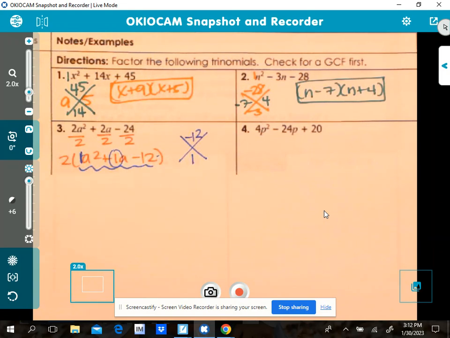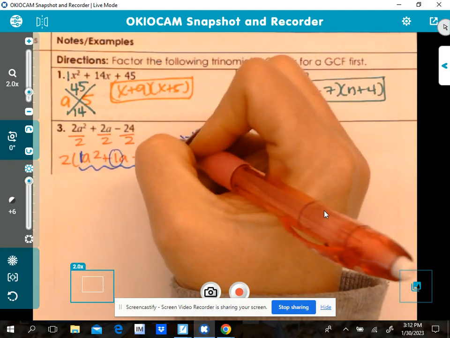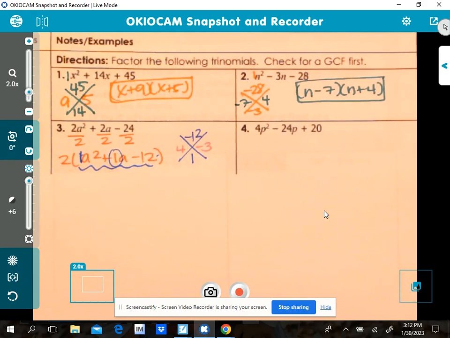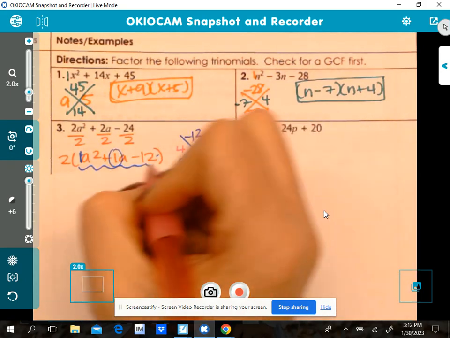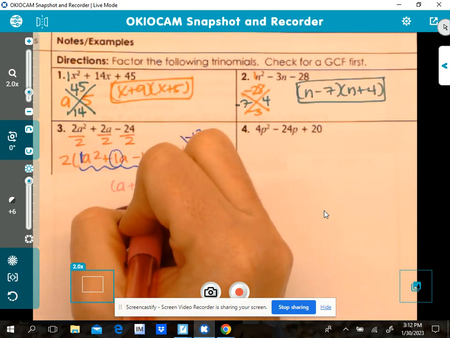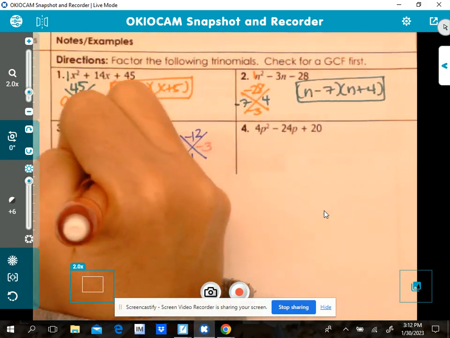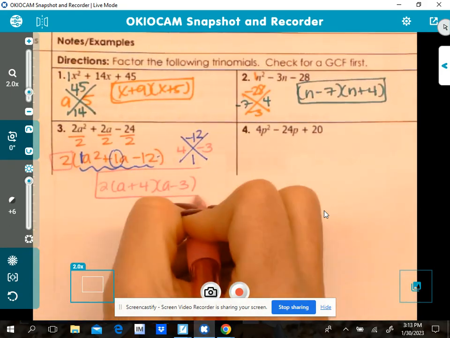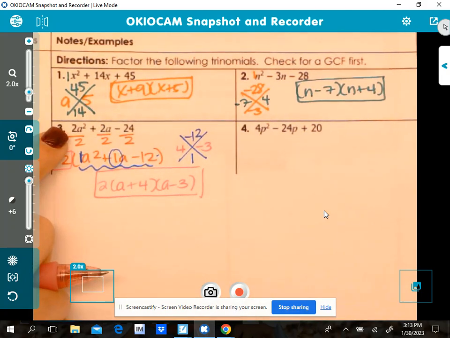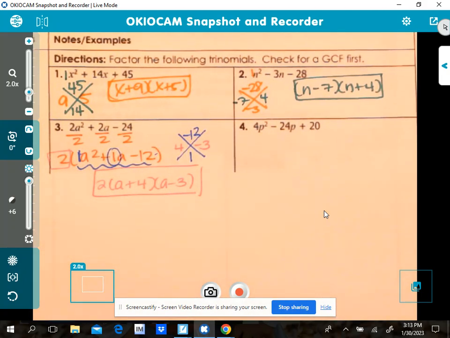And we found our two numbers, which happen to be 4 and negative 3. Okay, so again, that gave you the A plus 4, A minus 3. But remember, we've got to have that GCF brought down. So that 2 does have to stay outside. Otherwise, you'll never have a 2 with your A squared whenever we're doing that, okay?